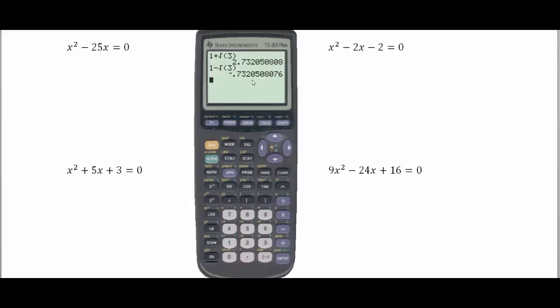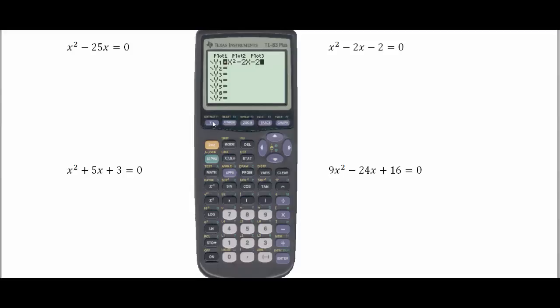Now I want you to remember in your head positive 2.73 and negative 0.73. Now if I go to my calculator and type in y equals x squared minus 2x minus 2, the purpose of doing the quadratic formula is to show where the equation is crossing the x-axis.